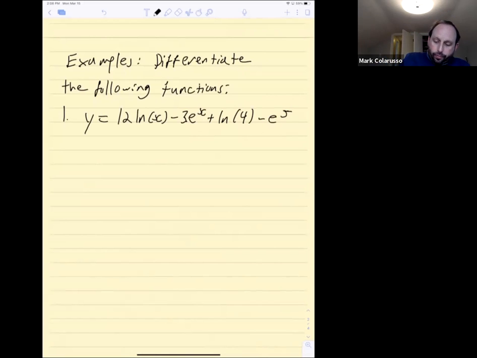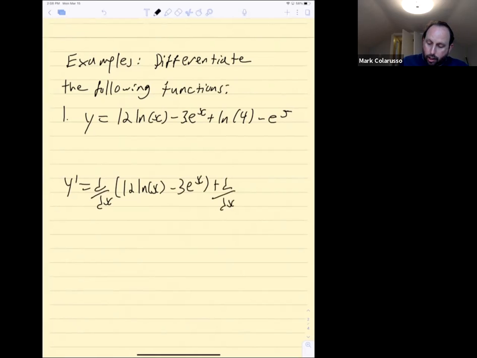Okay, so y prime then is the derivative of this. So it's the derivative of 12 ln x minus 3 e to the x plus the derivative of ln of 4 minus e to the 5th.